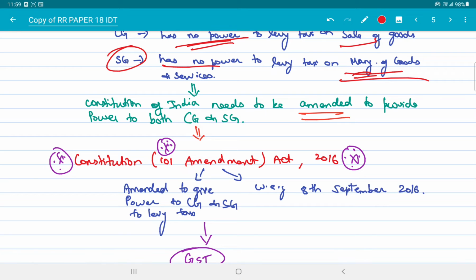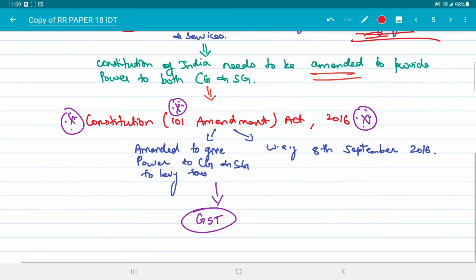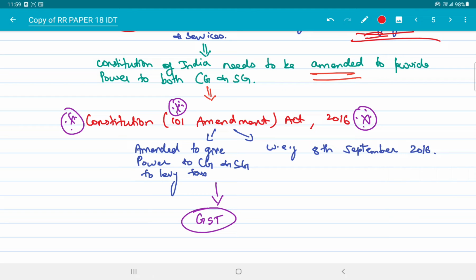So there was some up and down between the central government and the state government. So the Constitution of India was amended and it brought in Article 246A, which gives power to both the central government and the state government to levy tax and make a law.